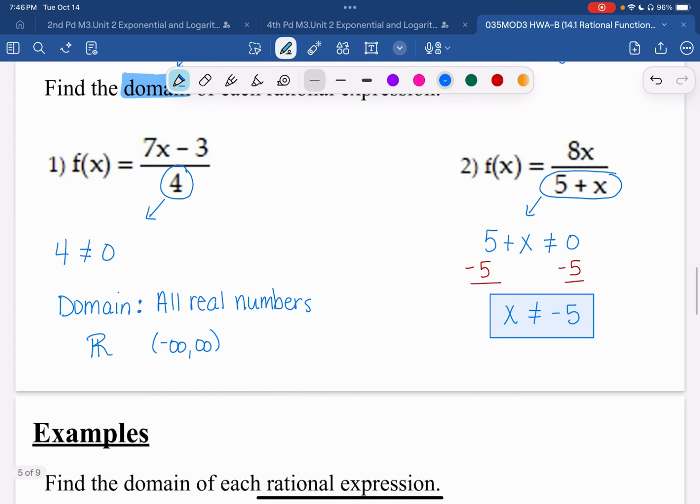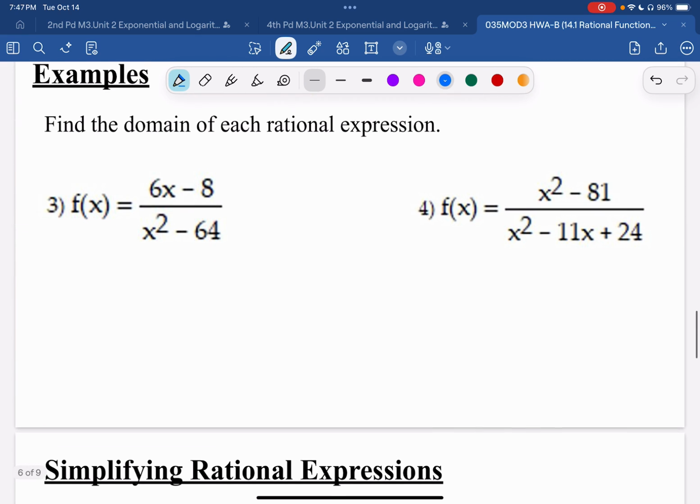So if I needed to write this in interval notation, I'm going to have everything from negative infinity all the way to negative 5, and then I'm going to skip over negative 5 and go all the way to positive infinity. So again, this is what it would look like in interval notation. But that's just saying it's everything except for negative 5.